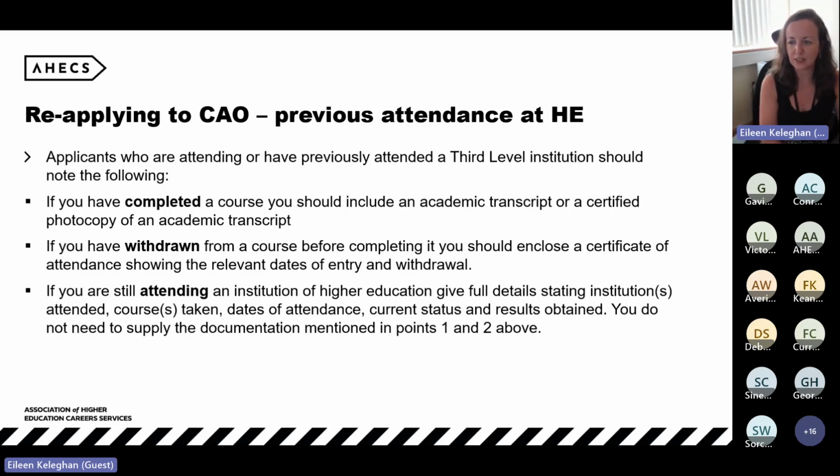And if they are still attending an institution of higher education, they need to give us full details stating the institutions attended, the courses taken, dates of attendance, current status, and any results obtained to date. So they don't need to supply the documents mentioned in the earlier 2 points, but they do need to update us on their current status and any results obtained. So these need to be posted to CAO and they need to include their CAO application number on the front of each of the documents.